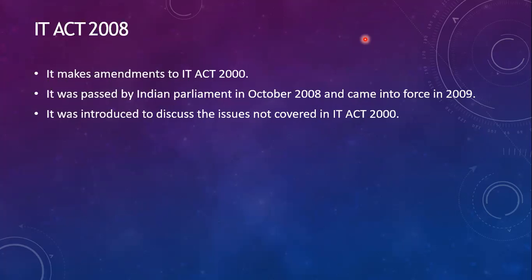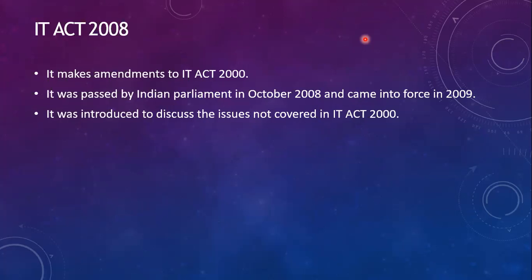The amendment was created to address the issues which the original bill failed to cover, and to accommodate all the further development of IT and all the related security concerns since the original law was passed. So the IT Act 2008 was there to make amendments to the IT Act of 2000.